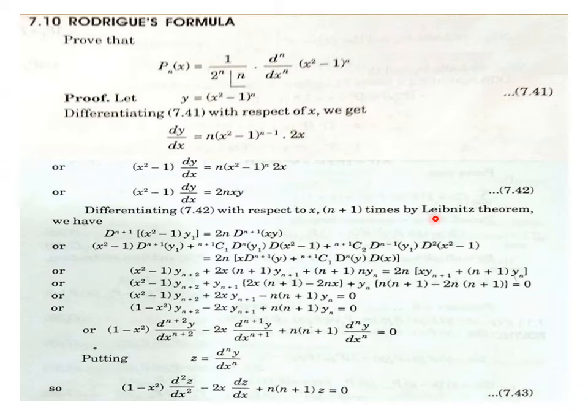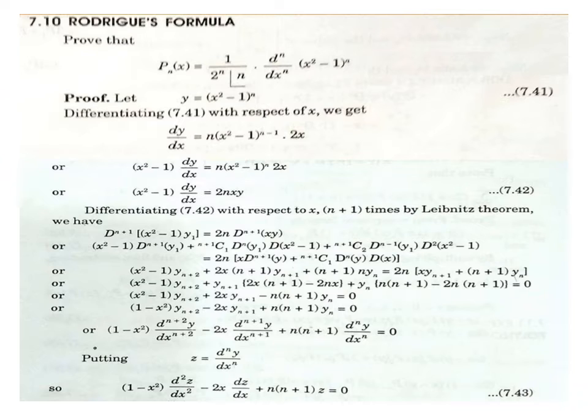That is the facility provided by this theorem: we can differentiate a certain function with respect to a certain variable a number of times. So in the left hand side it's d n plus 1, because we are differentiating n plus 1 times. Over the left hand side, x square minus 1 into dy by dx is written as y1, just for simplicity. In the right hand side, 2n is constant, multiplied with d n plus 1 over x into y.